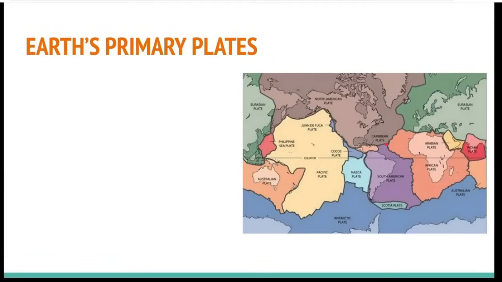Okay, so primary plates are called primary because they are larger than the secondary plates. That is basically the only difference between the two. The Earth has 7 primary plates and 8 secondary plates. Given the map here, can you name some primary plates?